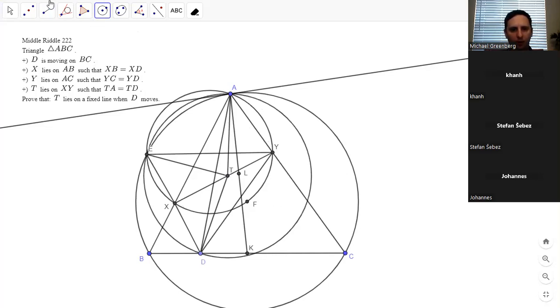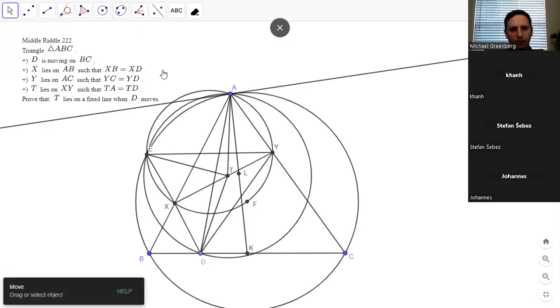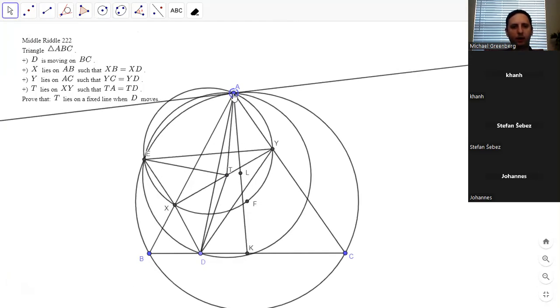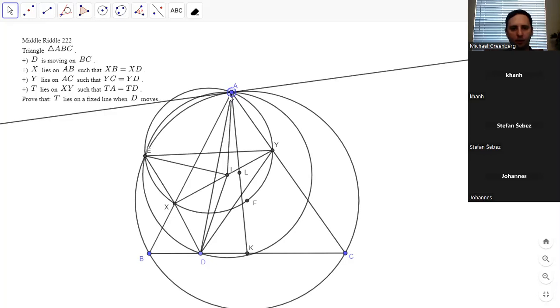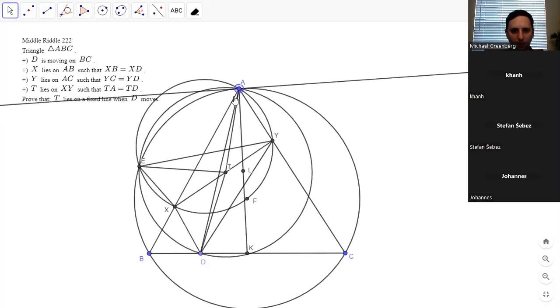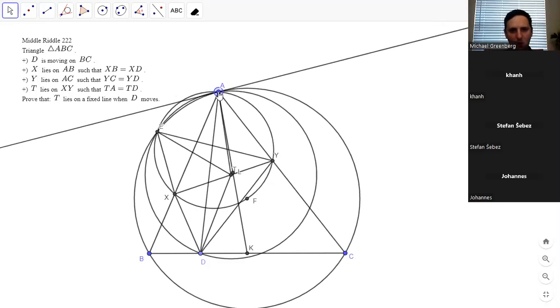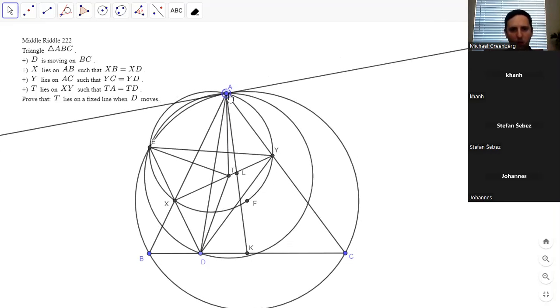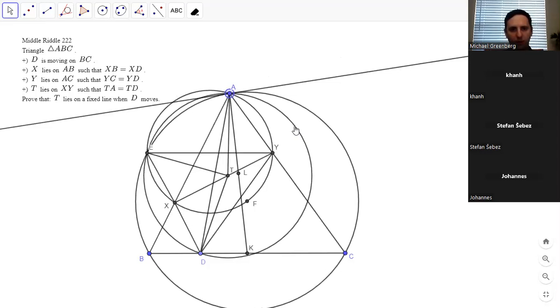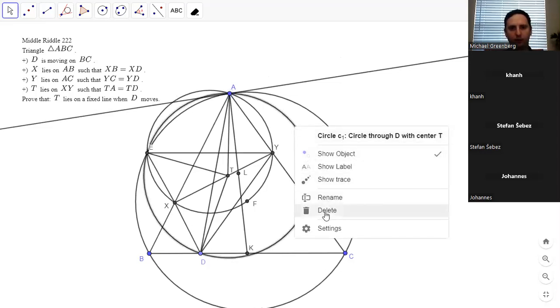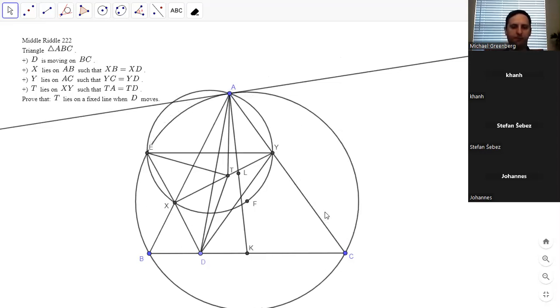Oh, wait. Does TE? Oh, we already said that. TE equals TA equals TB. So T is the circumcenter of ADE.